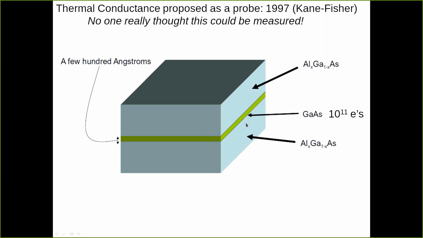Now, the 10 to the 23rd atoms are still carrying heat themselves via phonons, and you somehow have to isolate the heat being carried by the electrons in this thin slab of 10 to the 11th electrons. And you have to do a lot of other things too. The whole experiment is going on at tens of millikelvin temperature, and you have to be able to measure heat. The heat is put into the sample, the heat comes out of the sample, all down at 10 millikelvin temperature.